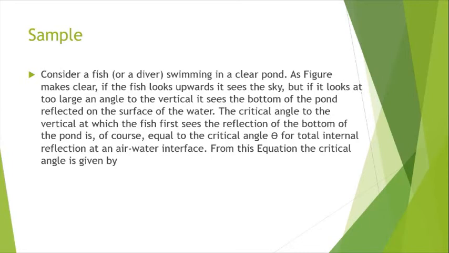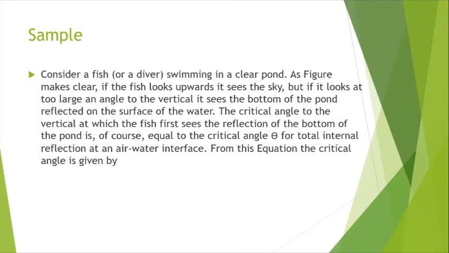Okay, next. For example, consider natin, consider a fish or a diver swimming in a clear pond. As the figure makes clear, if the fish looks upward, it sees the sky, but if it looks at too large an angle to the vertical, it sees the bottom of the pond reflected on the surface of the water. Then the critical angle to the vertical at which the fish first sees the reflection of the bottom of the pond is, of course, equal to the critical angle for total internal reflection at the air-water interface.